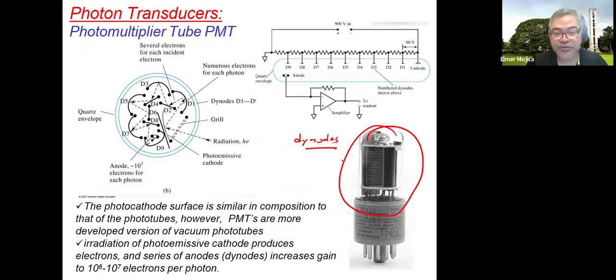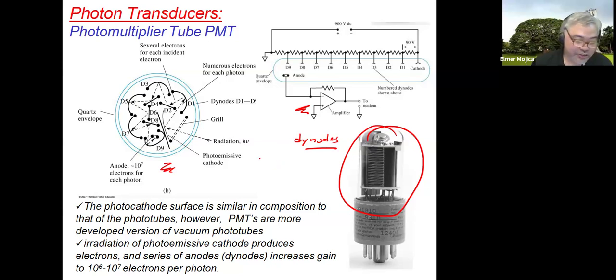And then if you're going to look at this, this is the cross-sectional view of your PMT. And this is the electrical diagram illustrating dynode polarization and the photocurrent measurement. Okay, so you have a cathode here, an anode here, and then the dynodes.